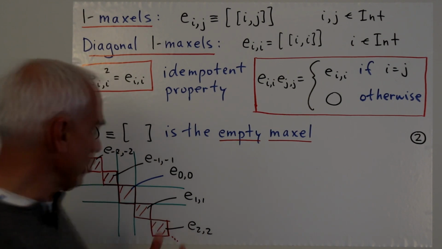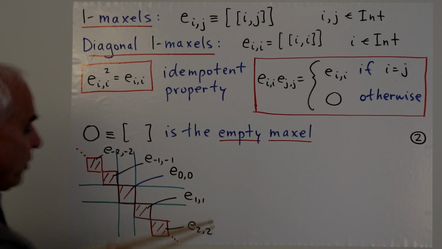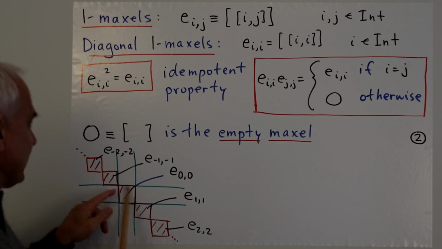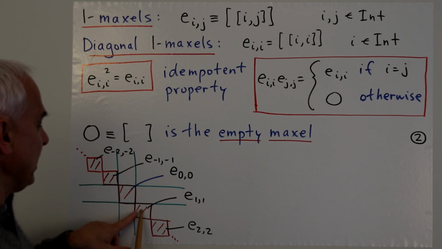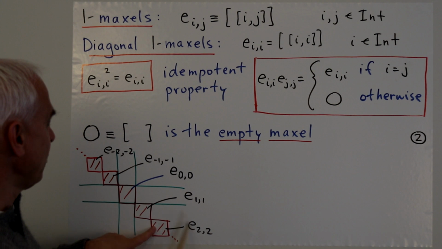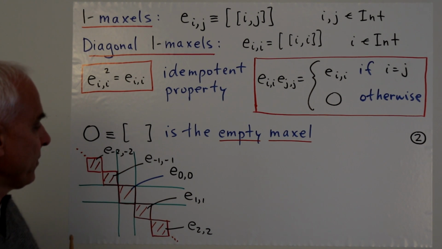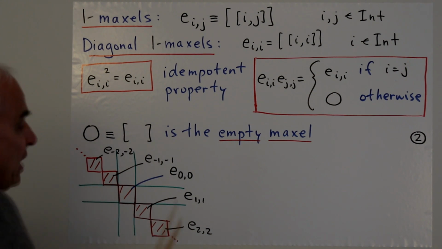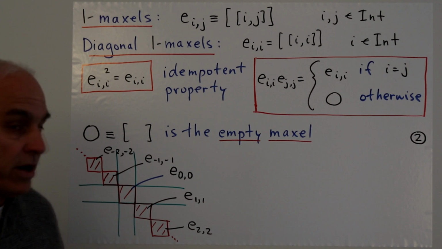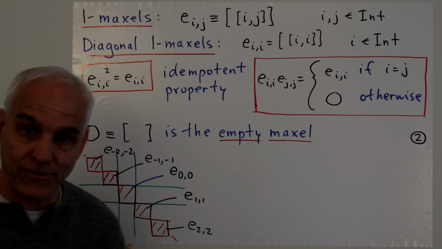And here's our picture of our screen with our two canonical vertical and horizontal lines. There's the 0, 0 spot. So this now is the place or the home for E0,0. Here's E1,1, E2,2, E-1,-1, E-2,-2, etc. So actually, if we drew a representation for, say, E-1,-1, we would end up with a single 1 there and zeros everywhere else.